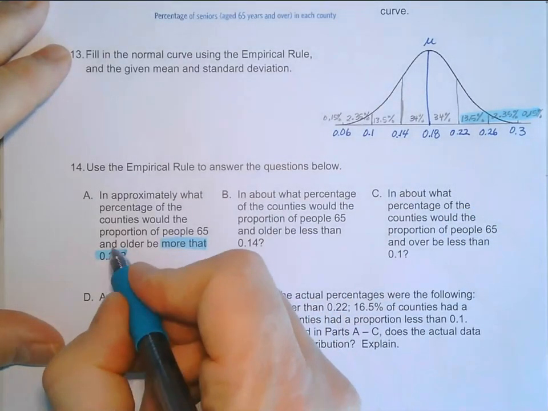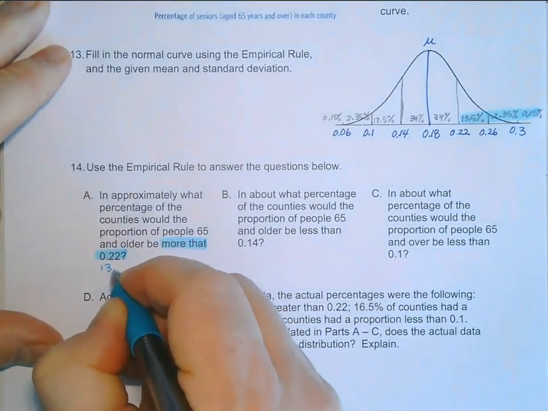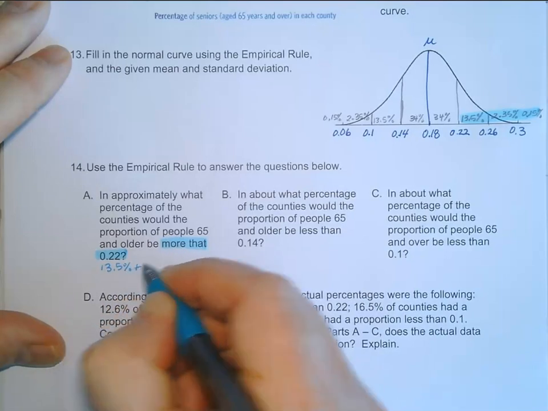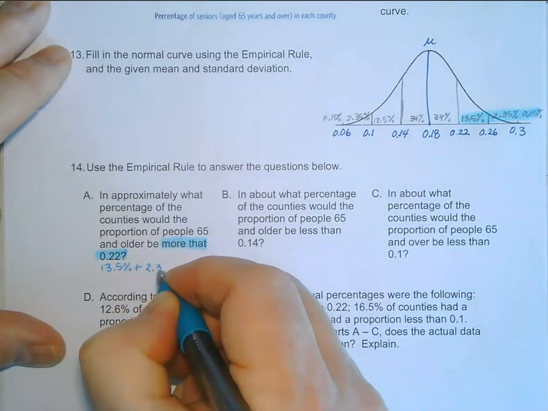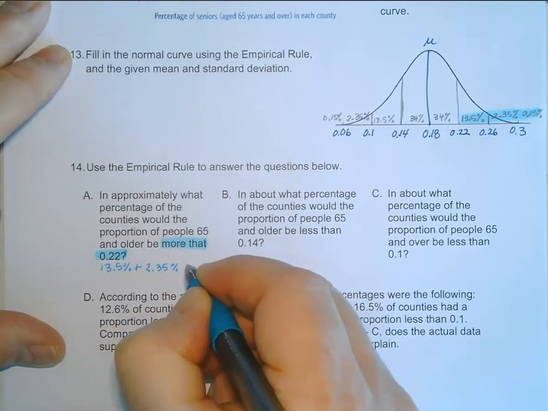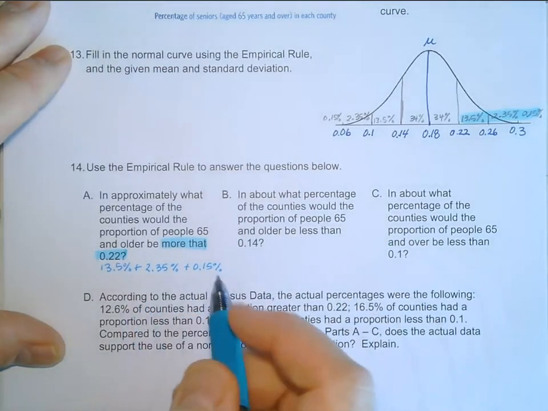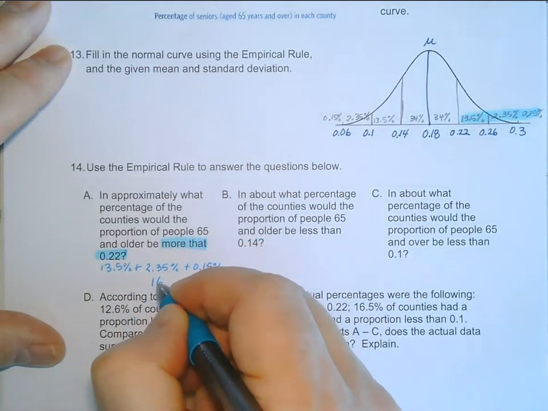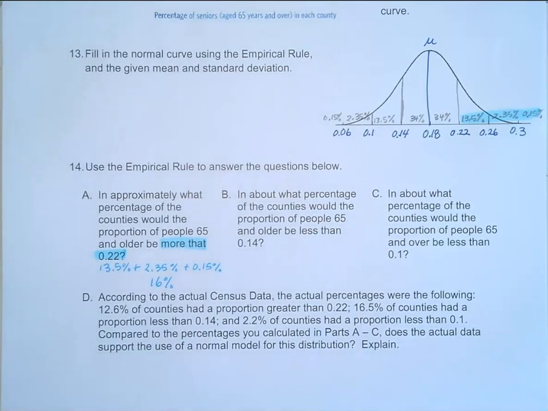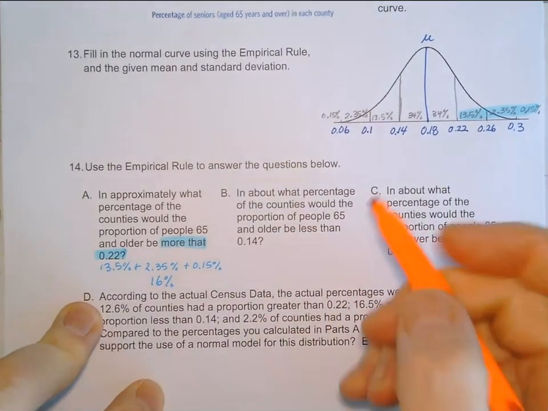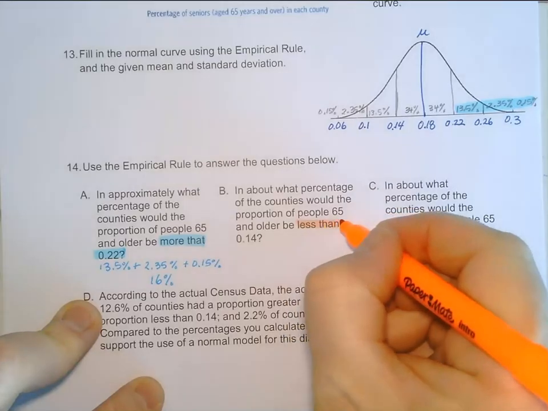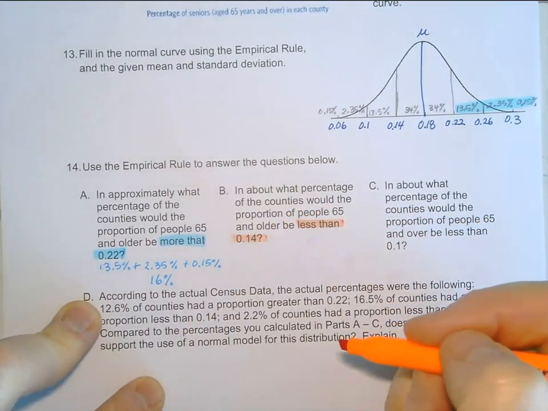So it'd be the 13.5 plus the 2.35 plus the 0.15%. And when you add those together, I'm just going to tell you that's 16%. The next one says, in about what percentage of the counties would the proportion of people 65 and older be less than 0.14?